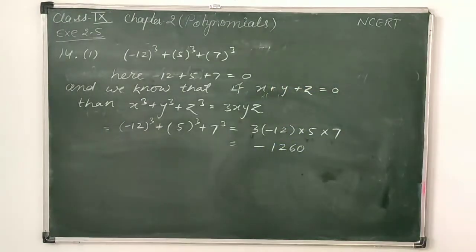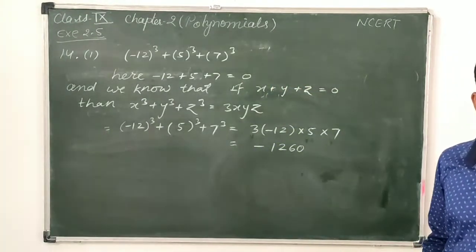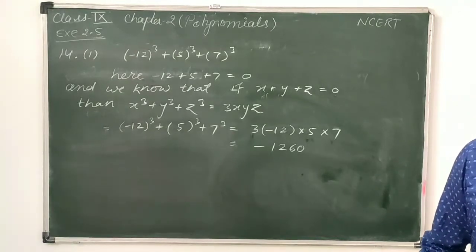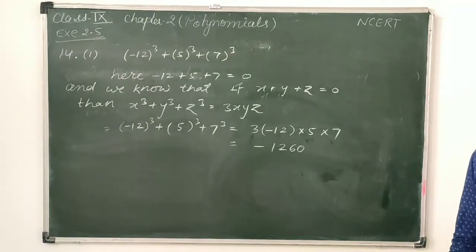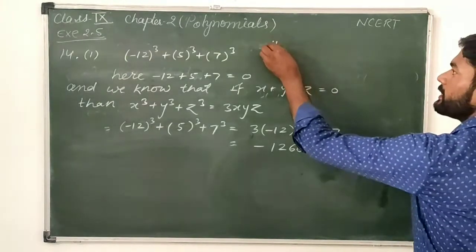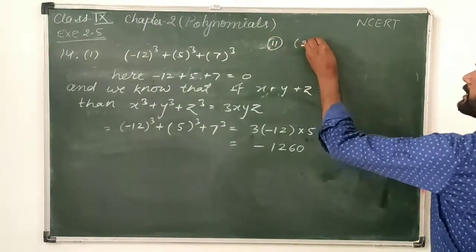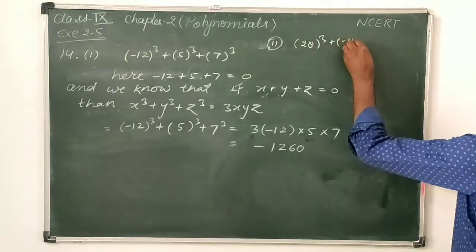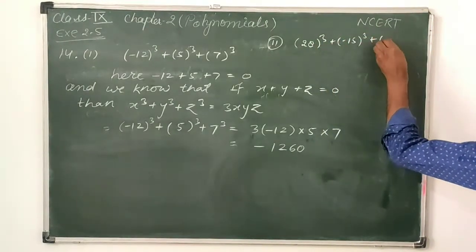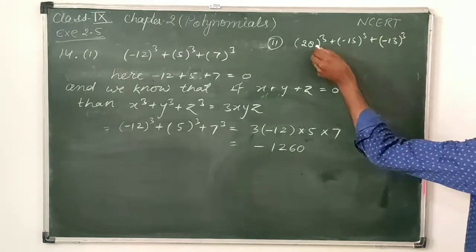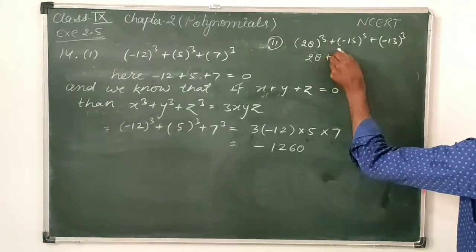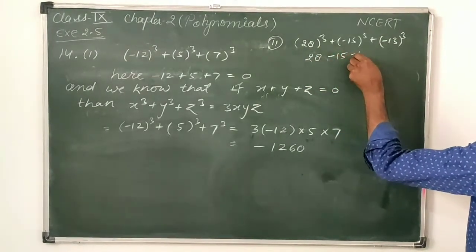So please copy it right now. Next, you will try to solve it yourself. The second part is also the same: 28 cube minus 15 cube and minus 13 cube. Check here, 28 plus minus 15 minus 13.